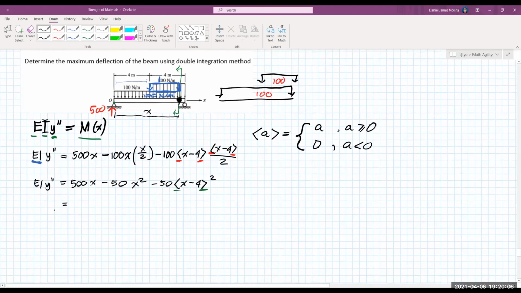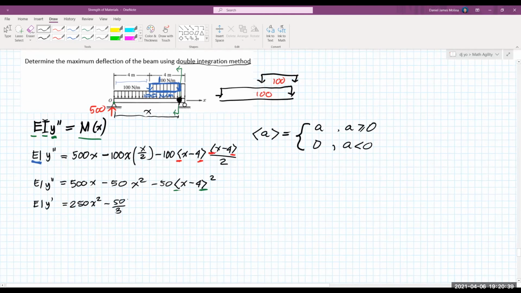Okay, so now we have a differential equation that is second order. So for us to solve for y, we will integrate it twice, right? We have y double prime, then integrating it twice, we have y. So that's why we call it the double integration method. Okay, so now we have EI y prime, since we are integrating it first. We have 250x squared by integration.